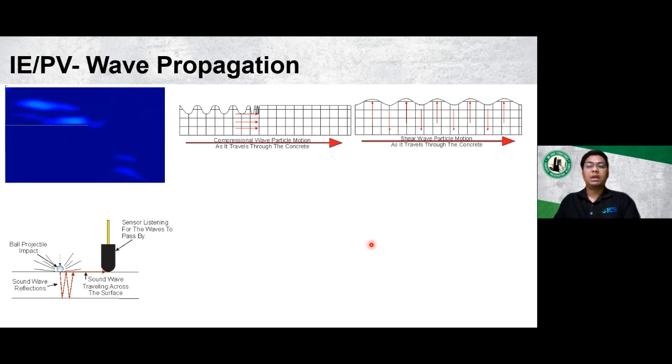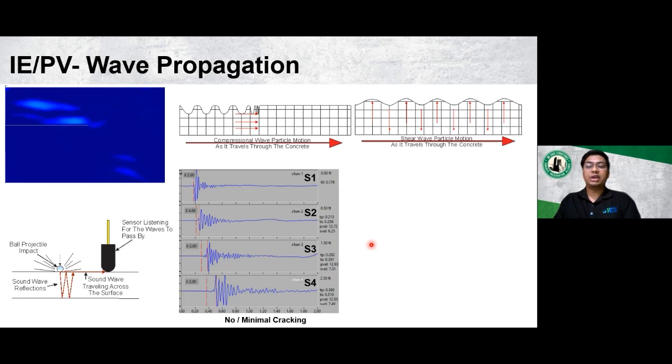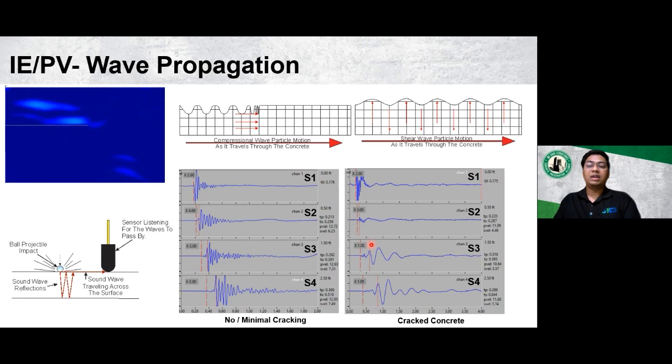And this is how the response data looks on the data acquisition unit, where the left image shows a high frequency signal being read by all the four sensors, and there is no attenuation in all the four channels or all the four sensors, which is indicative of a good quality concrete, whereas the cracked concrete shows a severely attenuated and distorted signal on sensors 2, 3, and 4.